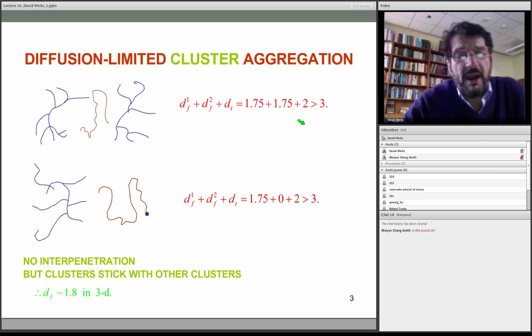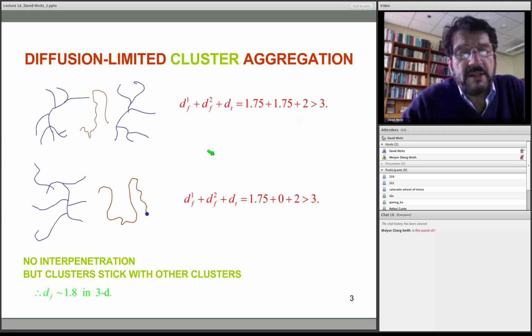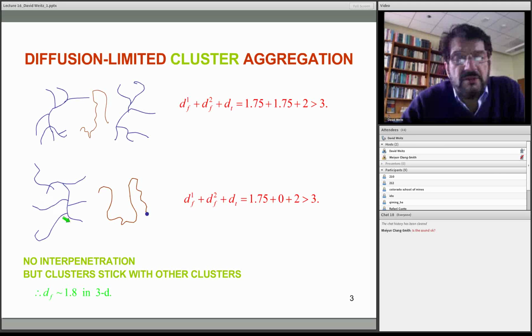Now let's compare that to the case where you have one of the clusters being a point, just a single particle, and the other cluster being a fractal cluster, again with a fractal dimension of 1.75. And again, imagine that it's a diffusive motion. So these are, in some sense, the 2 limits.